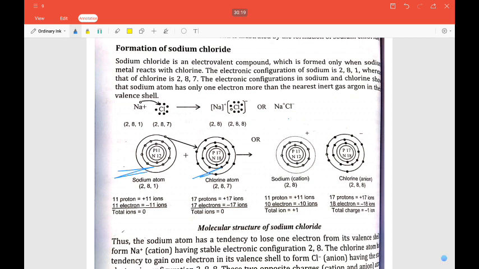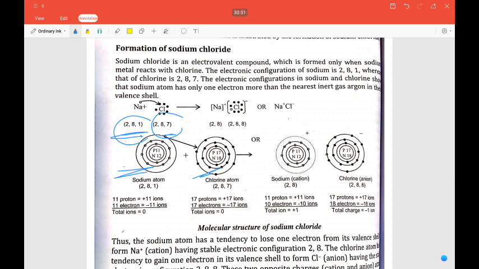And we have already discussed that the bond between metal and non-metal is called electrovalent bond or ionic bond. First of all, the electronic configuration of chlorine is 2, 8, 7 and sodium is 2, 8, 1. At last there is one electron in sodium and 7 electrons in chlorine.